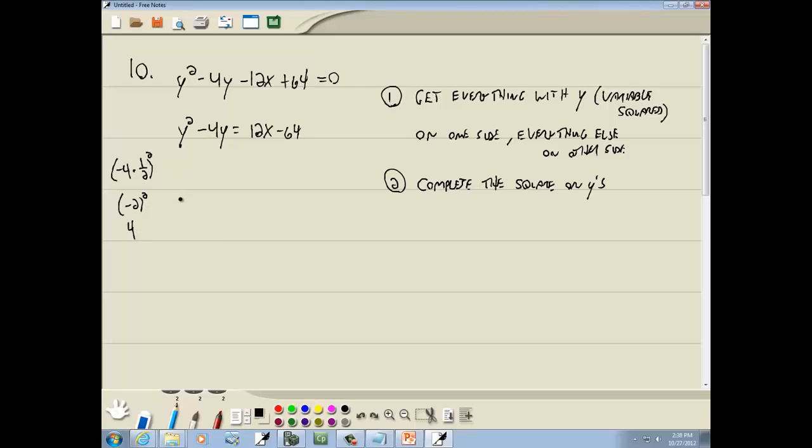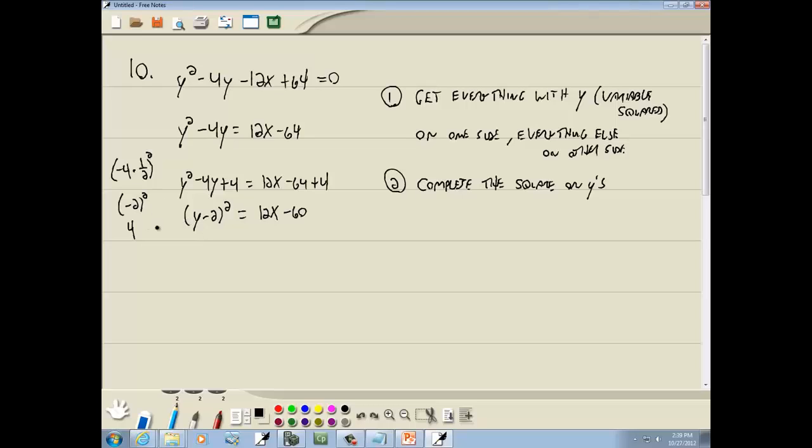And then remember, we add that to both sides. Now, along with completing the square, we then factor this. This becomes y minus 2 squared. And over here, negative 64 plus 4 gives us negative 60.